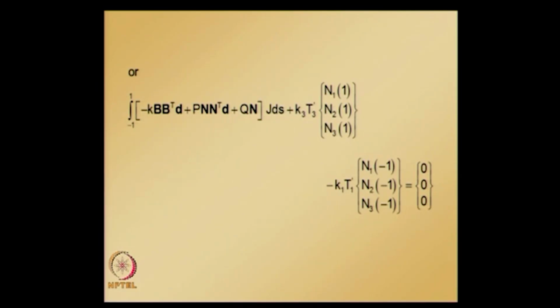where the definition of B or B transpose is used to write the previous equation in a compact manner like this. And from the natural boundary conditions that are given, we can further write k3 times t3 prime and k1 times t1 prime in terms of alphas and betas.